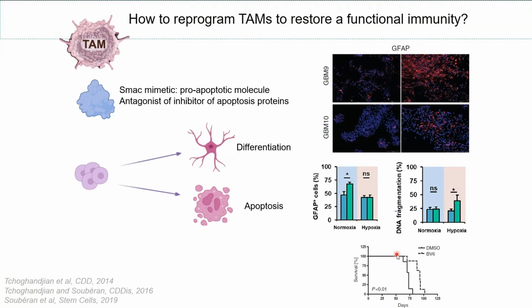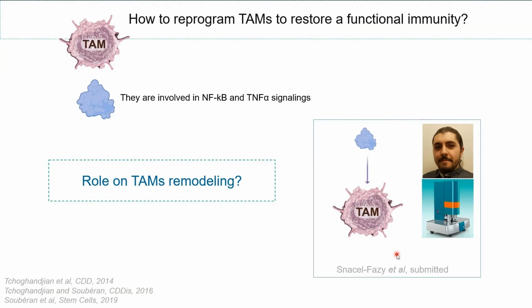What we know also about this molecule is that the inhibitors of apoptosis proteins are involved in NF-kB and TNF-alpha signalings. So in addition to having this role on the tumor cells, they probably also have a role in the modulation of glioblastoma inflammation.